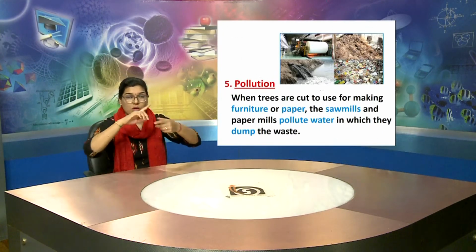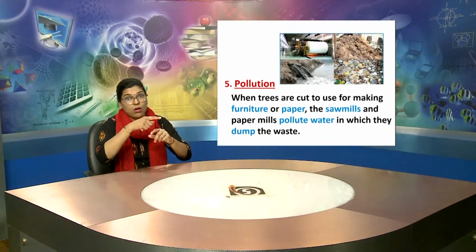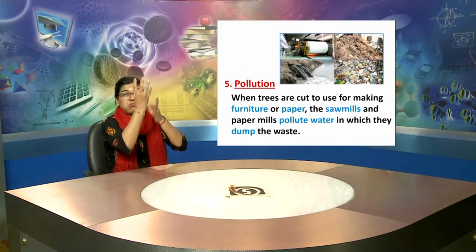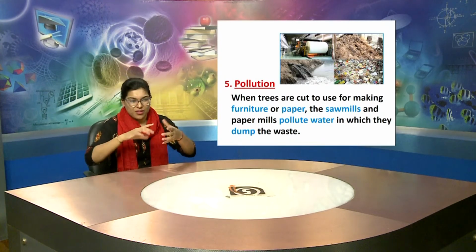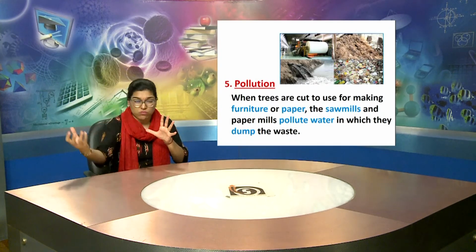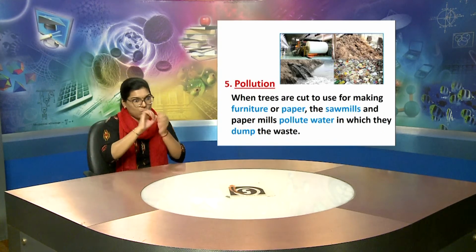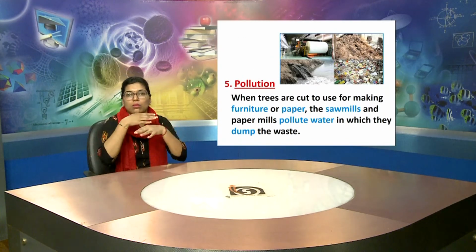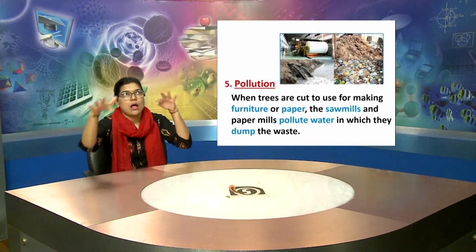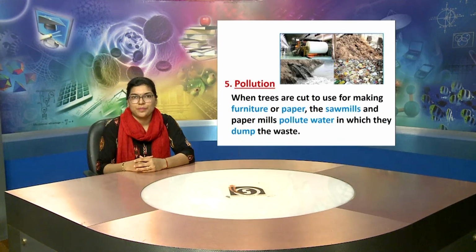So the waste which is coming from factories and from different places is thrown into the river, and there are air pollution, water pollution, different kinds of polluted material thrown in the open environment. So pollution is also a consequence.